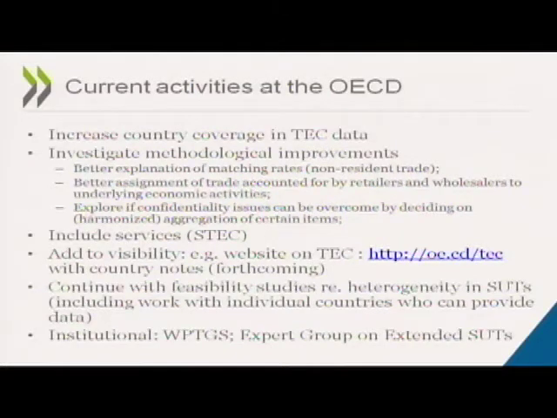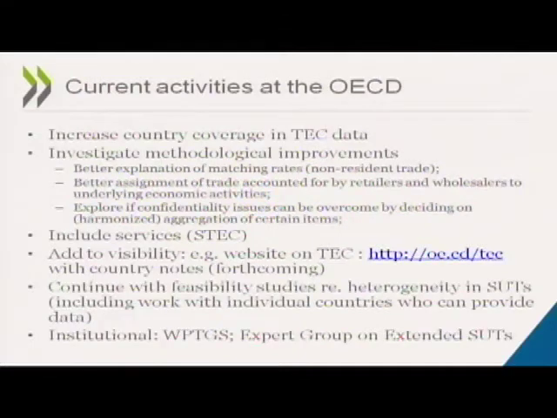I'm not talking about the trade margins and all the really difficult issues, but to really look at the production or the input-output matrix. We can make this breakdown by enterprise characteristics. So this is something that we will continue to work on for the next few years.